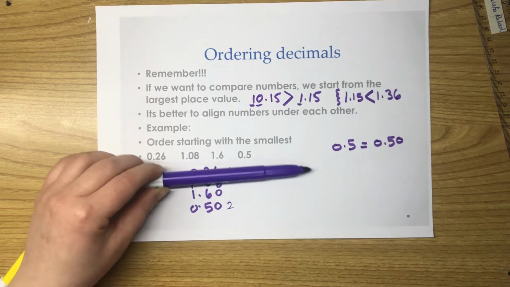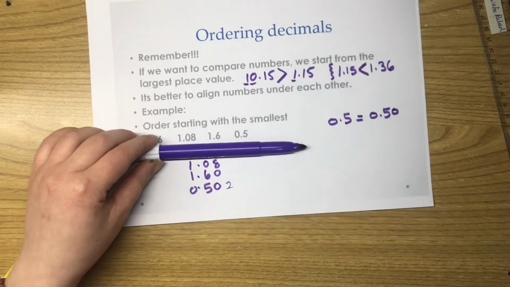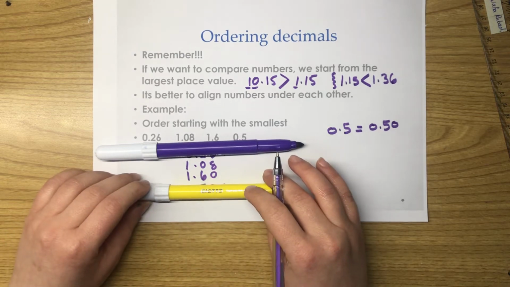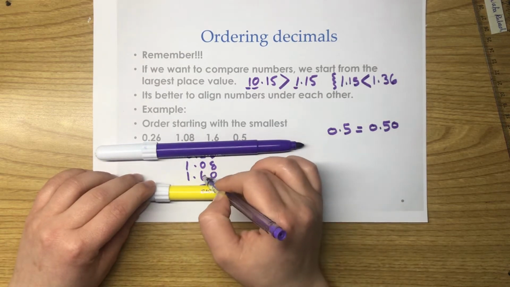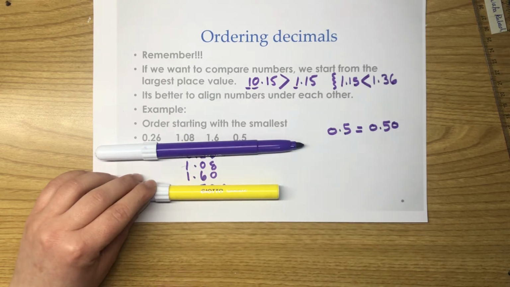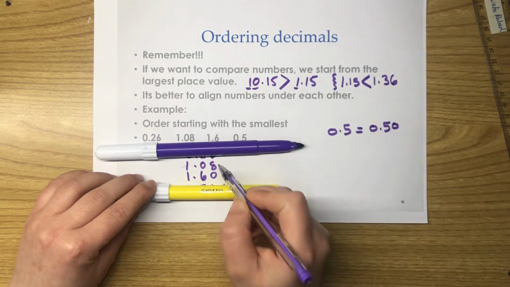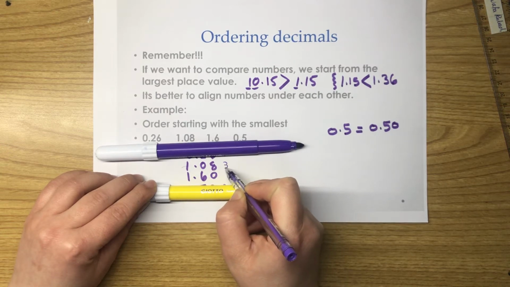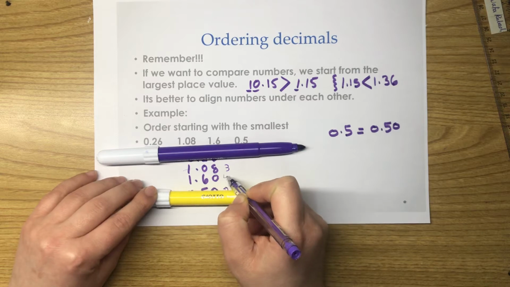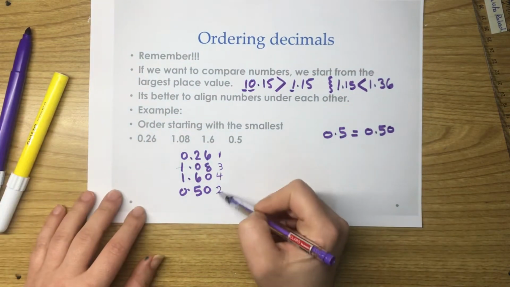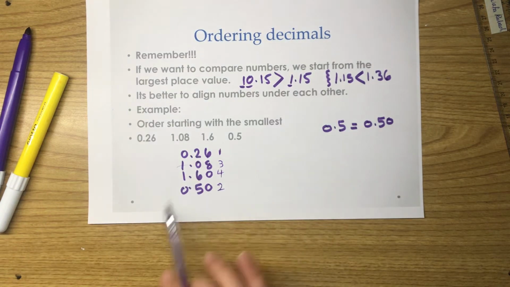The other two numbers are 1.08 and 1.60. This number is less than this number, so this one is going to have the third place, and this one the fourth place. So here we are, we've got the places for each of these numbers.